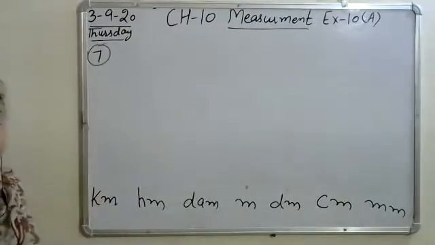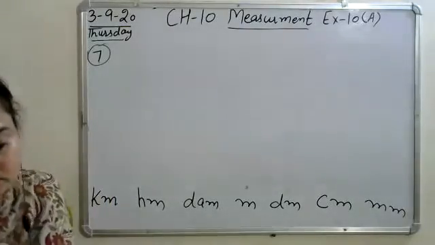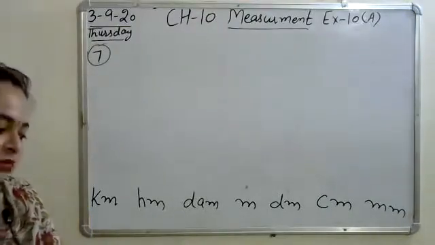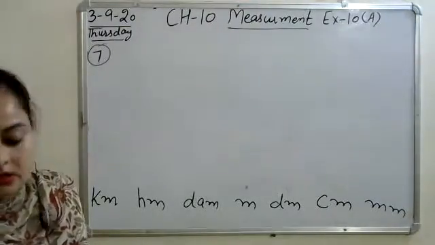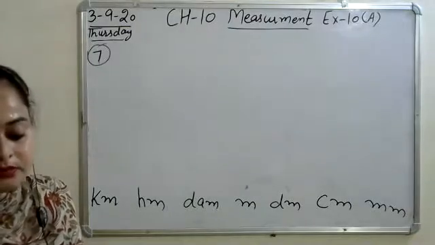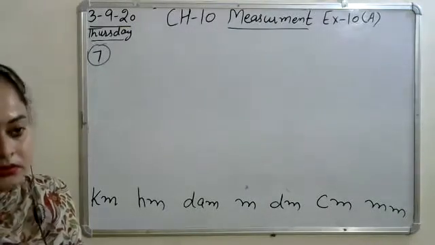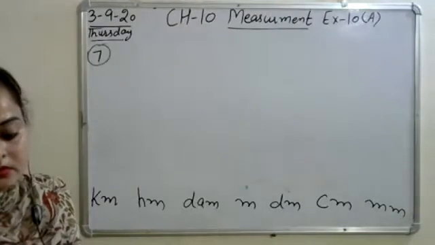Seventh question. A ribbon was 23.7 meter long.